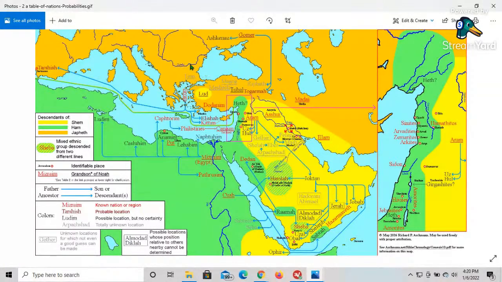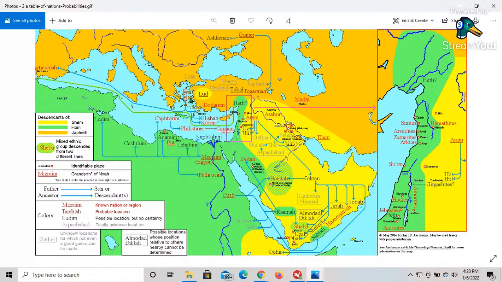This is the area of Thracians. So the ancestor of the Thracians is clearly Tiraz, because that's where Tiraz settled, and you can see it here right on the map. Tiraz is in the area of the Thracians, known ancient civilization of Thracians.